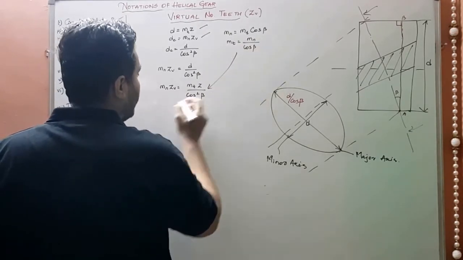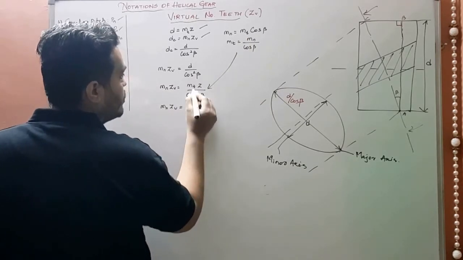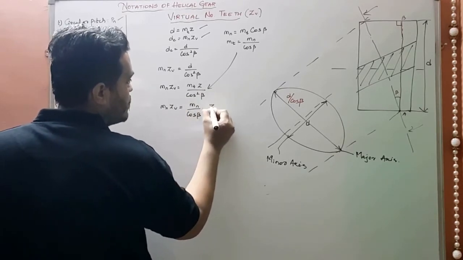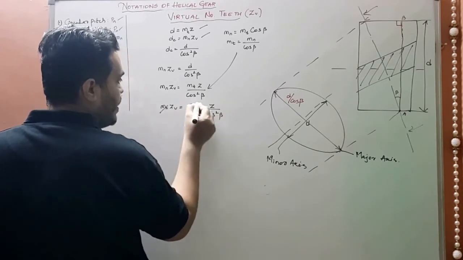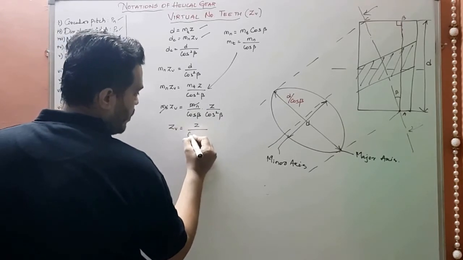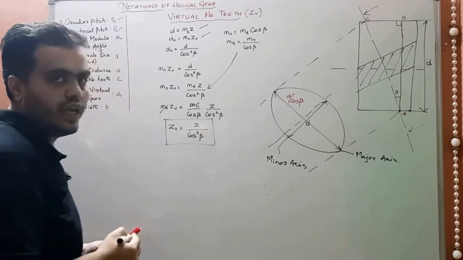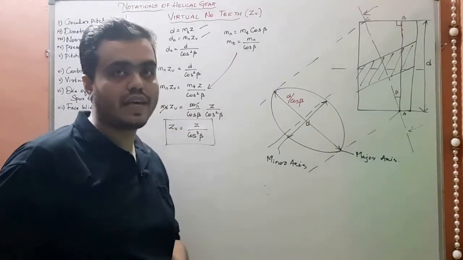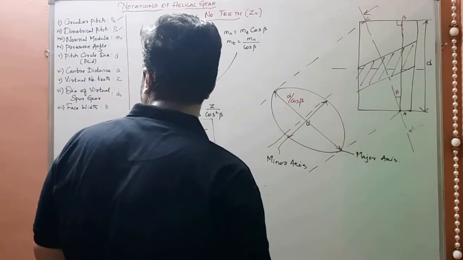You just substitute into this: Mn ZV is equal to Mn by cos beta into Z by cos square beta. You just cancel the normal module Mn, and you will get ZV is equal to Z by cos cube beta. So this is the virtual number of teeth equation you need to consider while solving the design of helical gear problems. Okay.